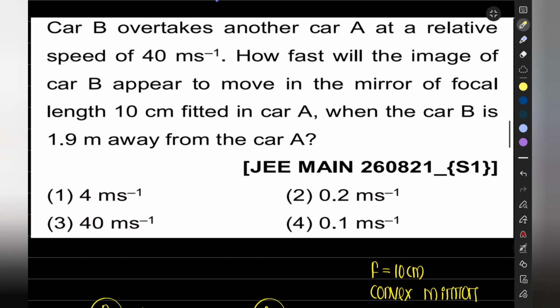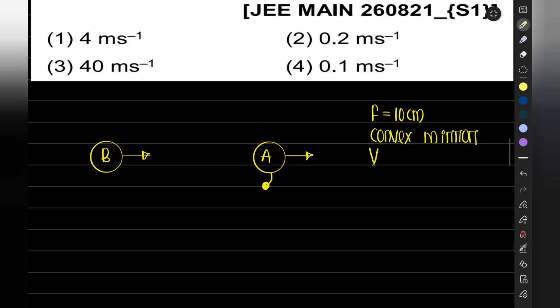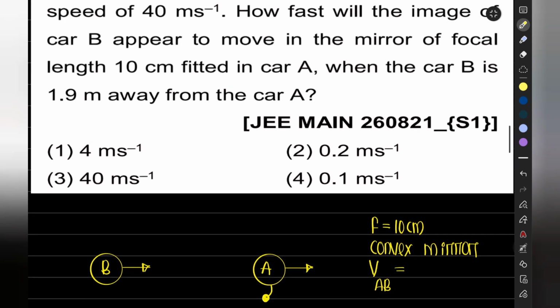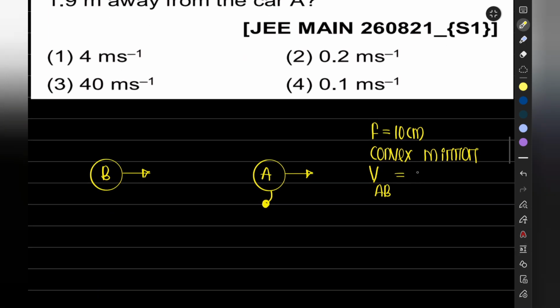So the focal length of a convex mirror is positive. Next, the relative speed they have given. The relative speed of car A with respect to B is given in the question. As you can see, it is 40 meter per second.